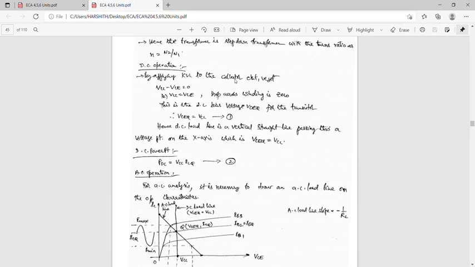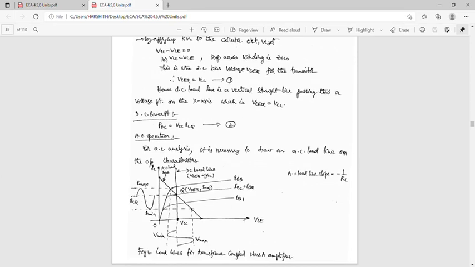The intersection of the DC load line and the base circuit set by the circuit is the quiescent operating point of the circuit. The corresponding collector current is ICQ. This is the circuit diagram and this is the Q point. The Q point is at the center of the load line, at VCEQ, ICQ.